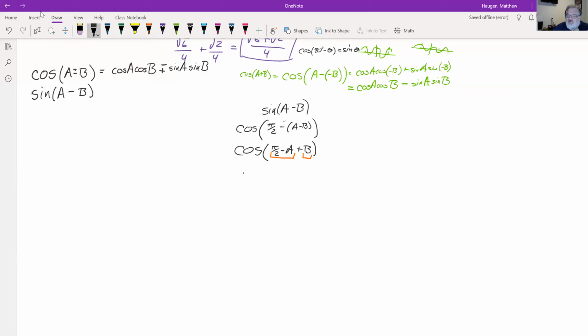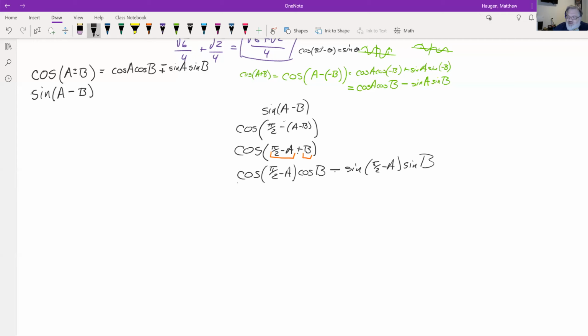Cosine tool for adding would say this is the cosine of pi over 2 minus A times the cosine of B minus, remember the plus turns into a minus, the sine of pi over 2 minus A times the sine of B. But we're almost done here.